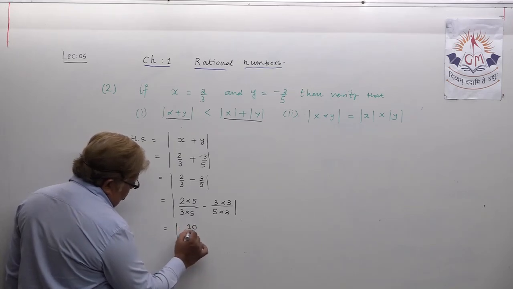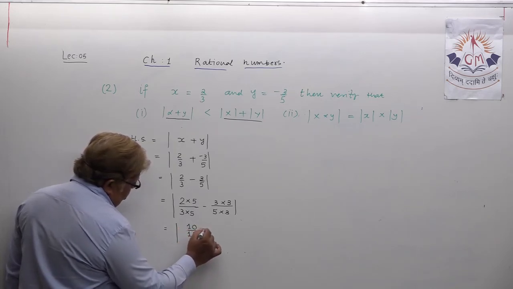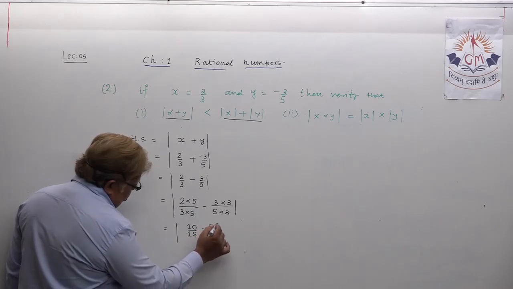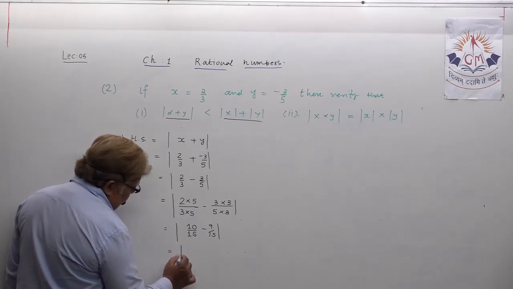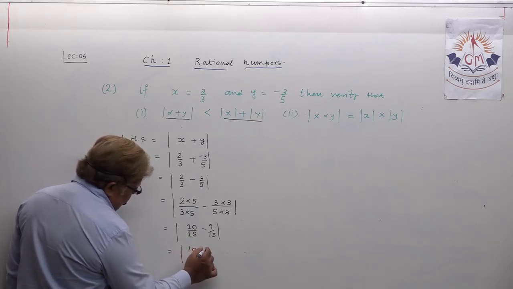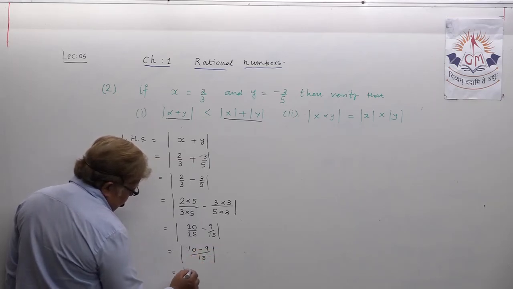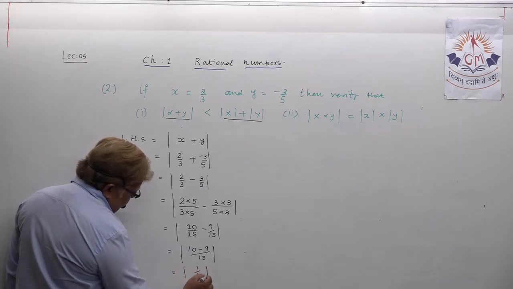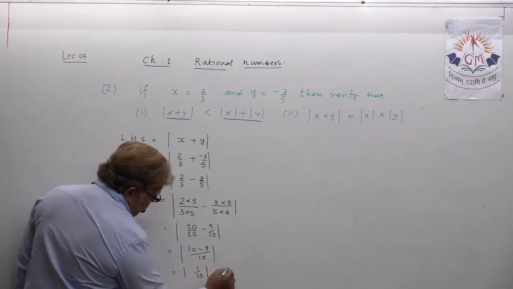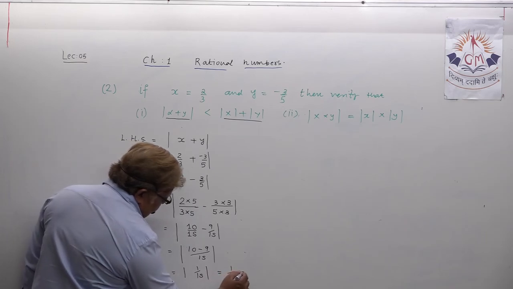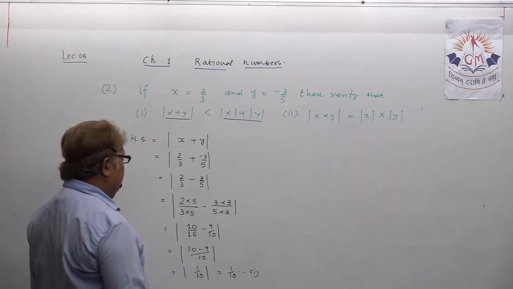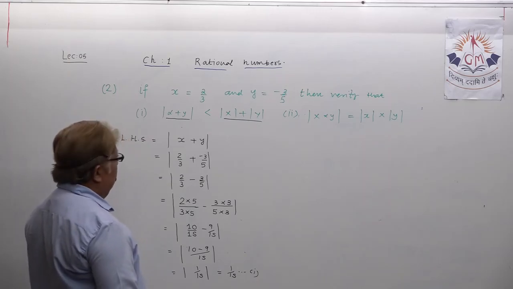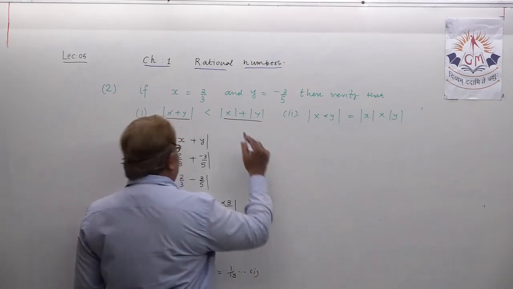This is 10 upon 15 minus 9 upon 15. Now there appears a common denominator. So 10 minus 9 upon 15 equals 1 upon 15. When you take its absolute value, it is 1 upon 15. Your result number 1.